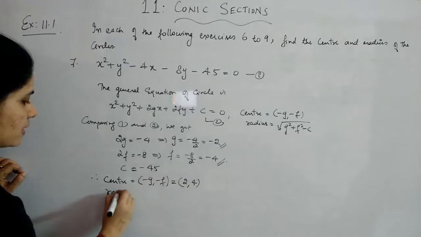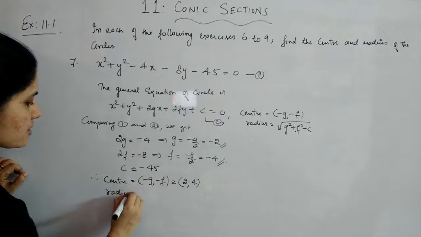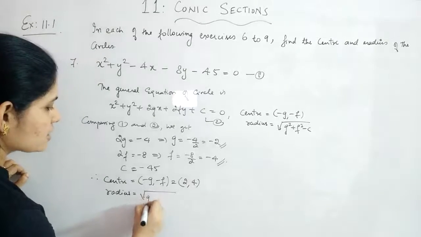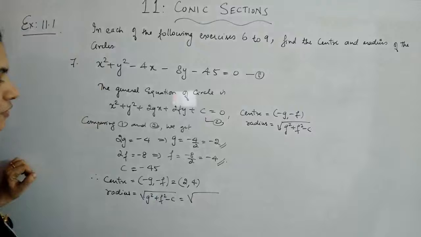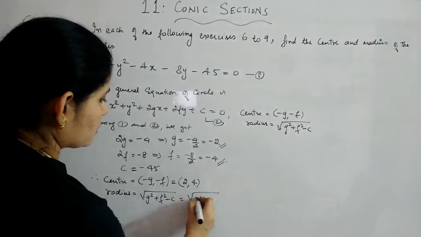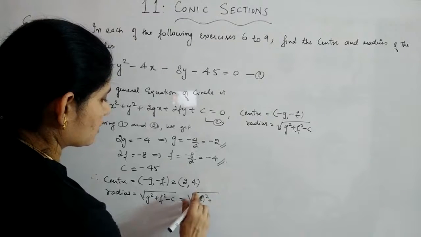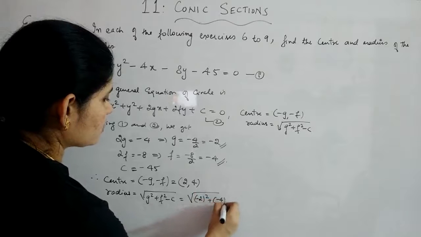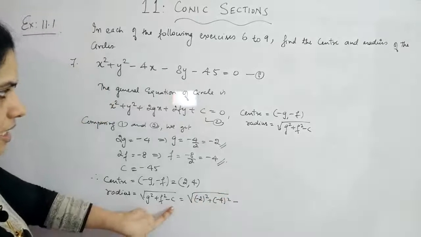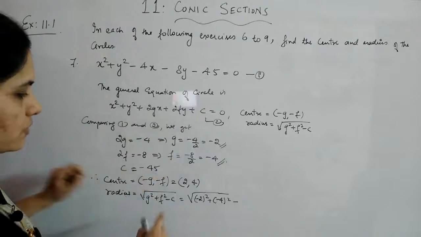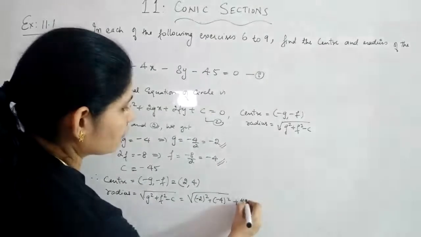Now what will be radius? Radius is equal to root of g square plus f square minus c, which is equal to root of minus 2 the whole square plus minus 4 the whole square plus minus c, right? And c is negative 45. So it will be minus minus plus 45.